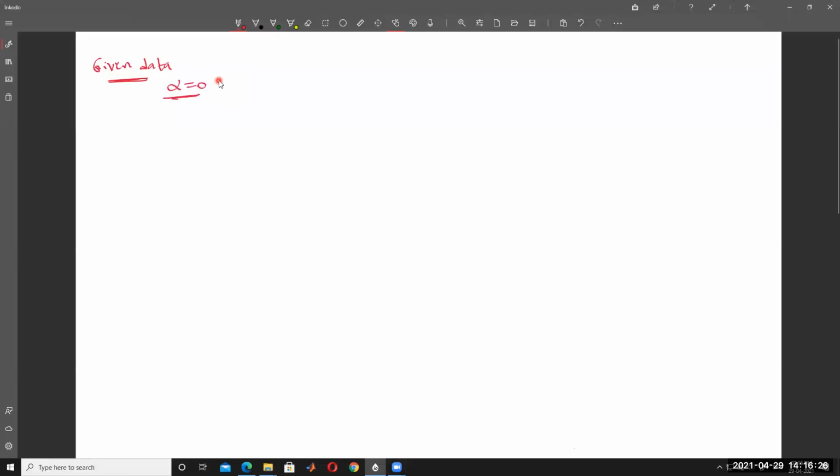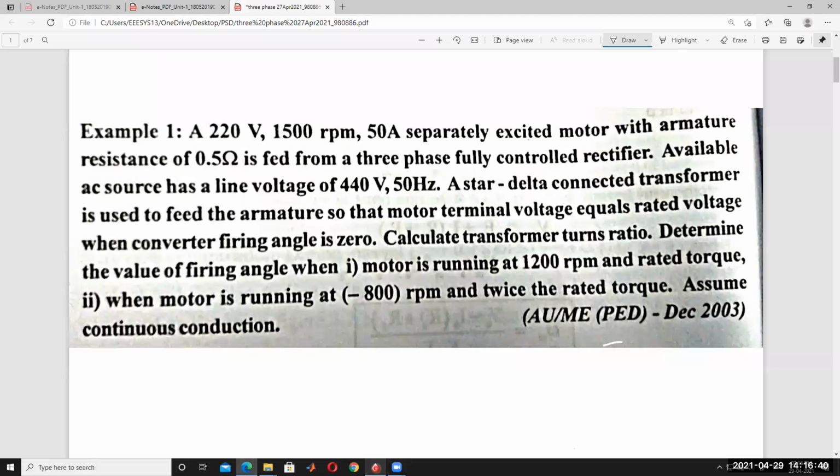So VA is 220 volts. What is the speed of the motor here? 1500 RPM and armature current IA is 50 amps.